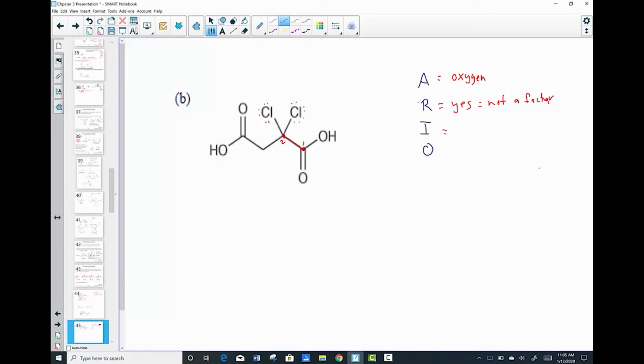If I count here, here's 1, 2, 3 carbons away before I get to the chlorines. The greater effect will occur when it's closer, so therefore what I highlighted here would be more acidic. It is closer to the electron withdrawing groups on those on carbon 2. It's only 2 carbons away instead of 3 carbons away. The closer it is, the more the inductive effect has the ability to stabilize the negative charge.